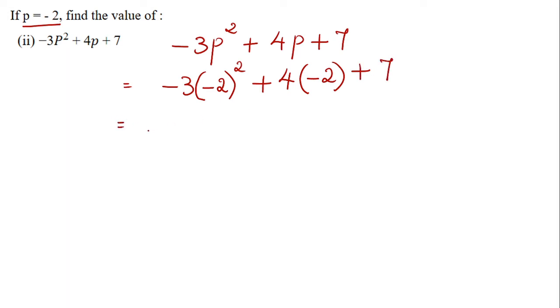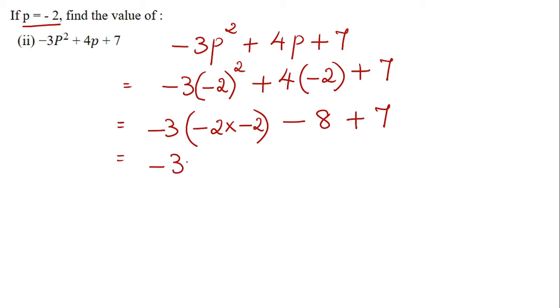So that's equal to minus 3 into minus 2 to the power 2 is minus 2 into minus 2. Now plus into minus is minus, 4 into 2 is 8 plus 7. So that's equal to minus 3 into minus is plus, 2 into 2 is 4, minus 8 plus 7.